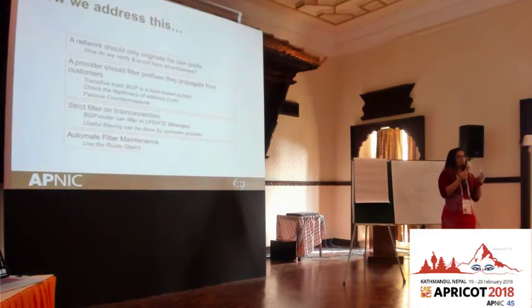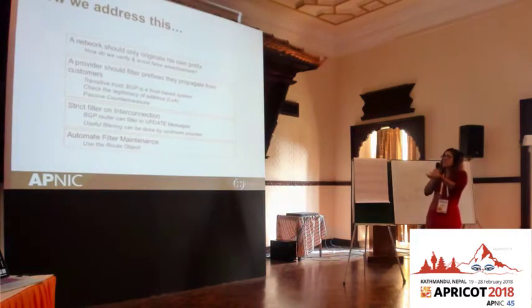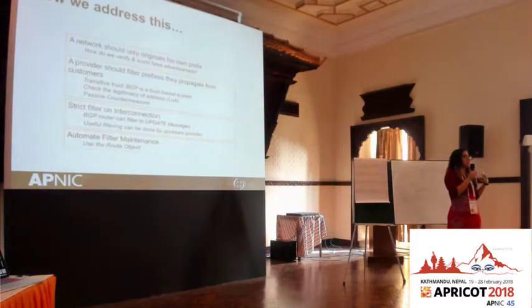But that doesn't have the cryptography part. So again, you're trusting that system, and you don't know if that information was updated with bad intentions, for example. The good thing is that with those databases, you can automate the maintenance of your filters. As an upstream provider, you can base your routing filters on those databases.